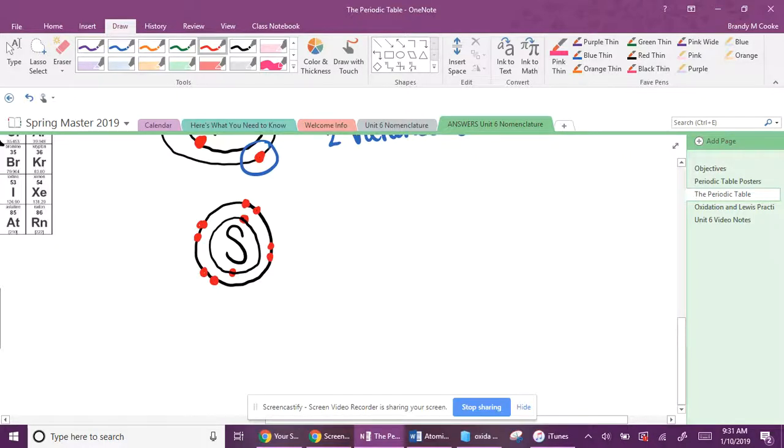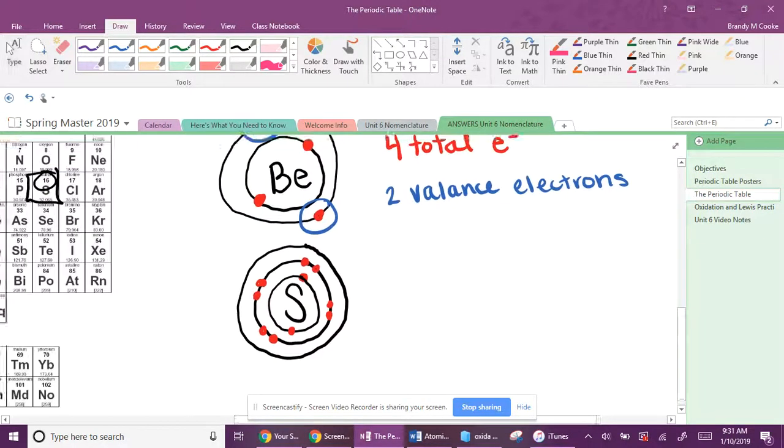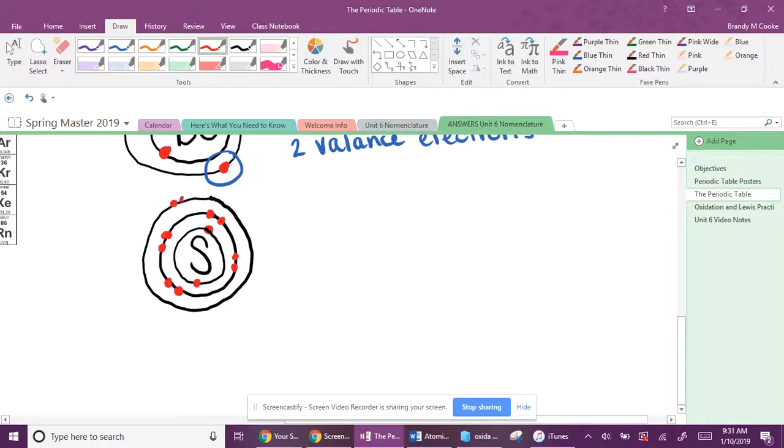And so far I have 10 now, right? Every shell after the second one is full after 8. So before I can add more, I need to get another shell going here. I have 10 and I need how many more? 6 more. So I'm going to do 1, 2, 3, 4, 5, and 6.